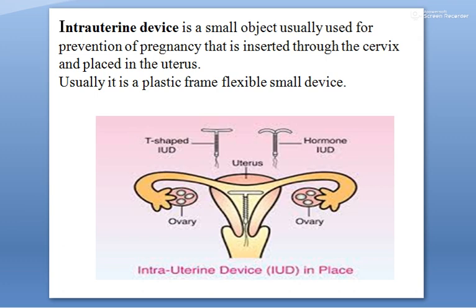As you see in this picture, the T-shaped IUD, this intrauterine device is shortly termed as IUD, and you can see here a hormone IUD. It is used as a contraceptive device. It may or may not be medicated. It is specially designed for the female uterus. That's why this device is known as an intrauterine device.